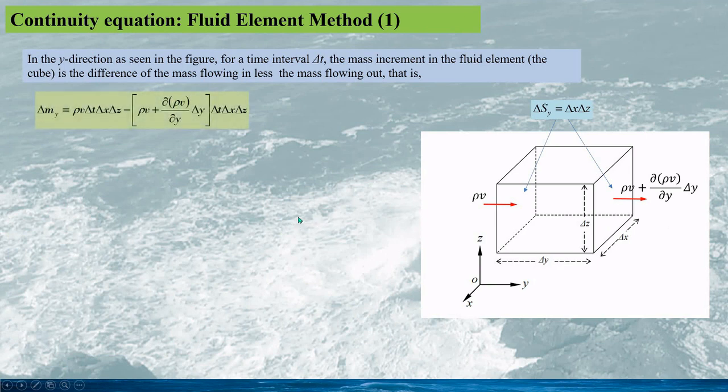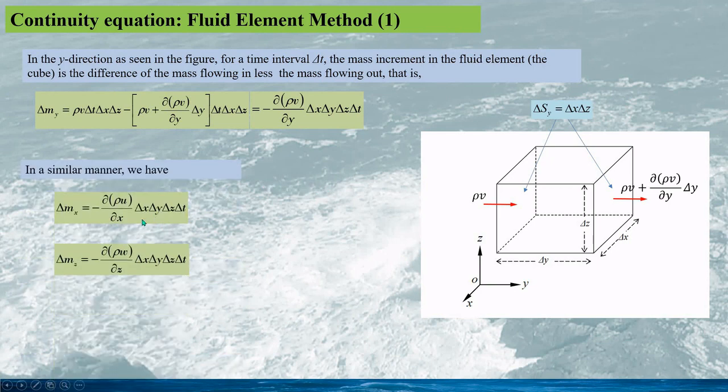Therefore, the net mass increment is the difference between the mass flow in less the mass flow out. Thus, the mass increment can be calculated as this in the y direction.